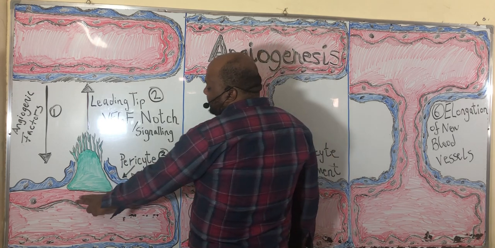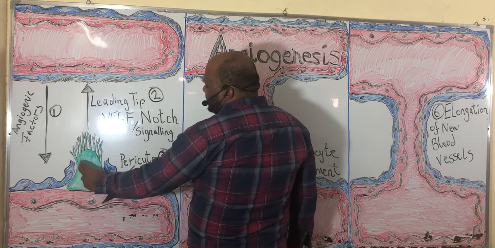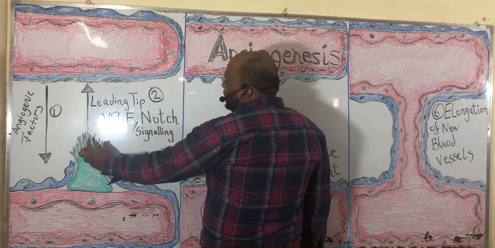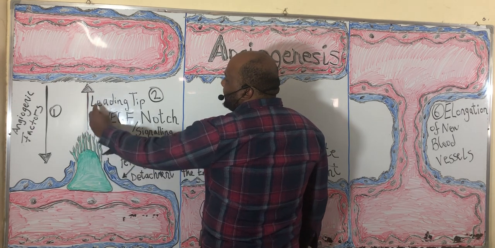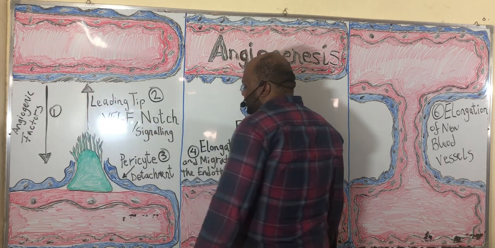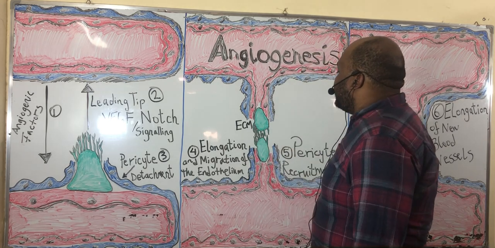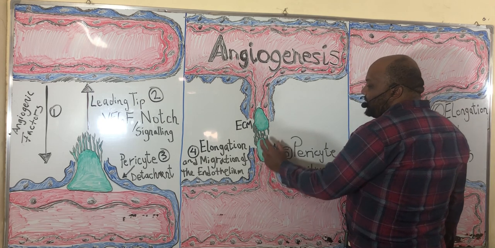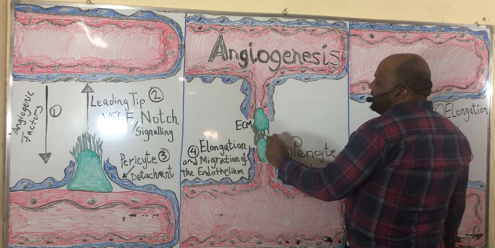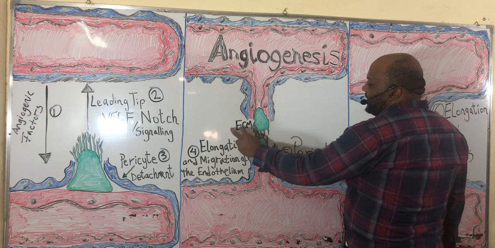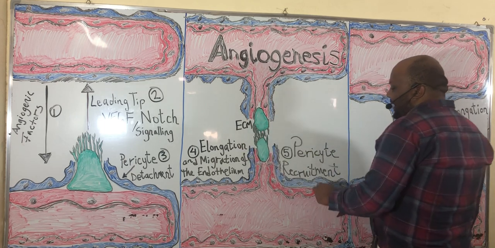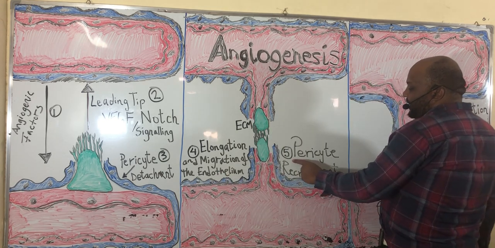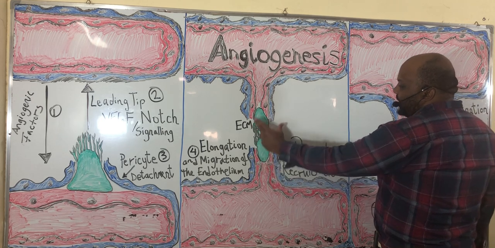Then a leading tip of endothelium would start to respond to these vascular endothelial growth factors and reach out to the nearby blood vessel. The fourth step is elongation and migration of the endothelium from both directions, followed by extracellular matrix deposition, and then, step 5, pericyte recruitment, these blue lines.